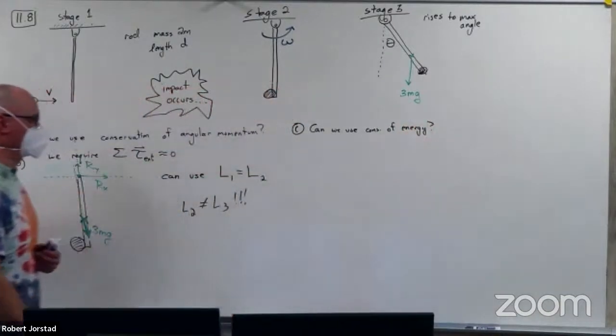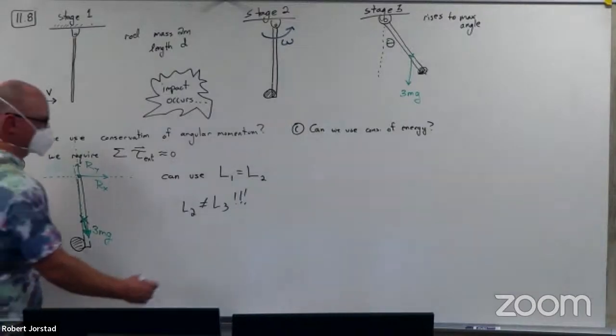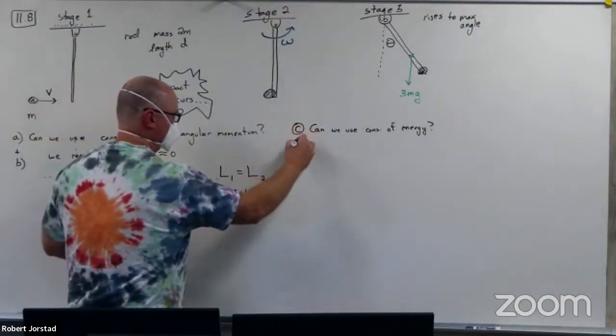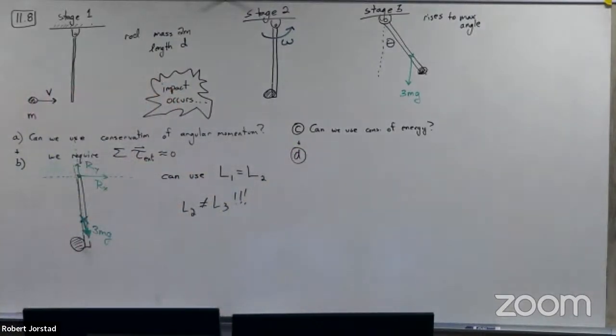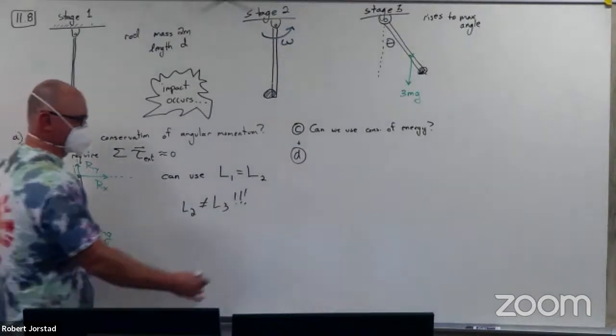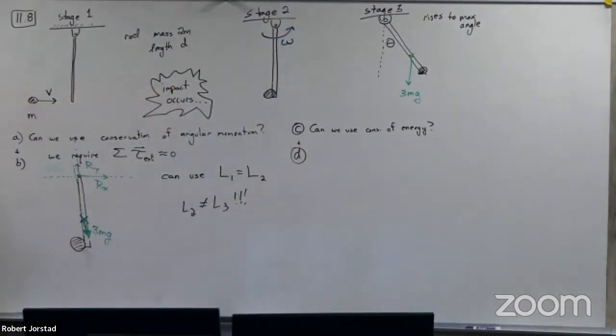What has to be true if we want to use conservation of energy? We'll call this C and D. What has to be true if we're going to use conservation of energy? Not torque external is 0, but something else equals 0. What was it? I want E initial equals E final.